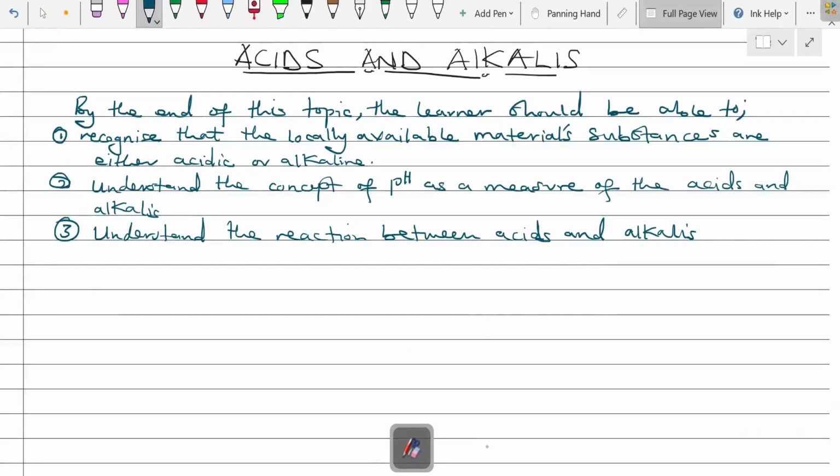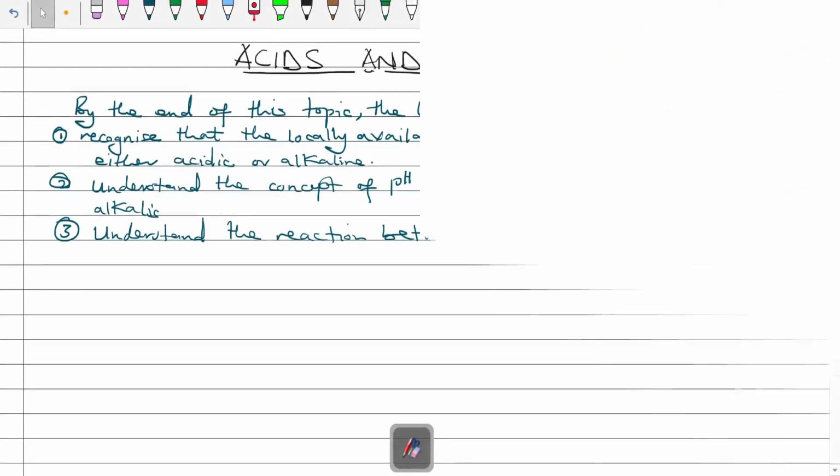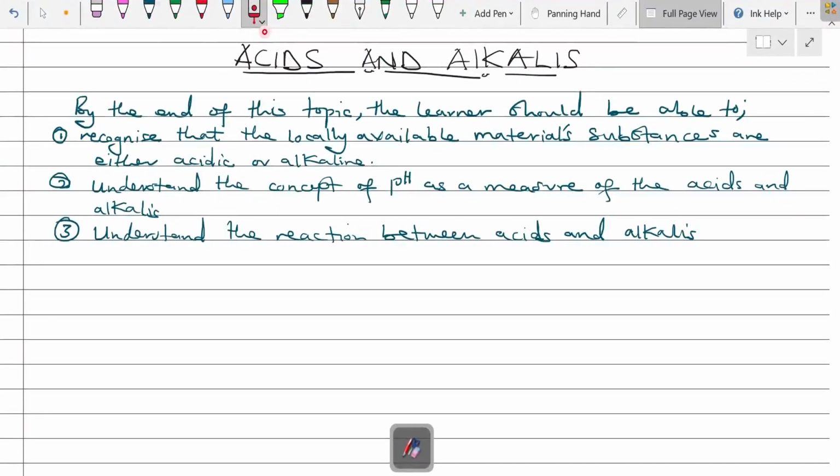Tonight we have our new topic, named acids and alkalis, and we have our learning outcomes. By the end of this topic, the learner should be able to, number one, recognize that the locally available material substances are either acidic or alkaline.